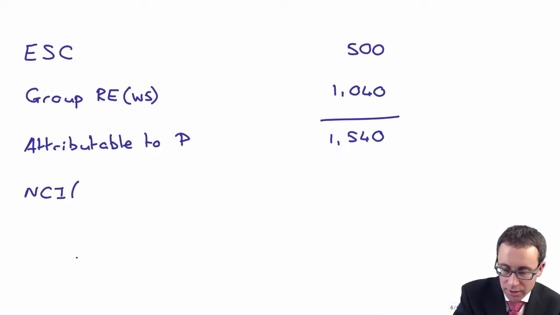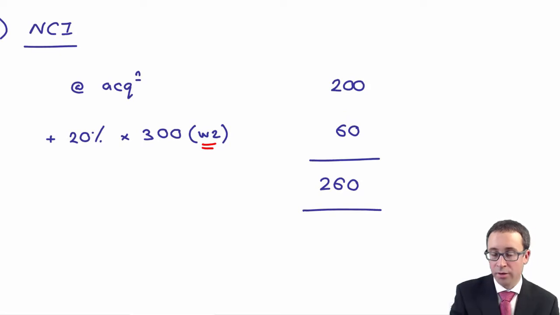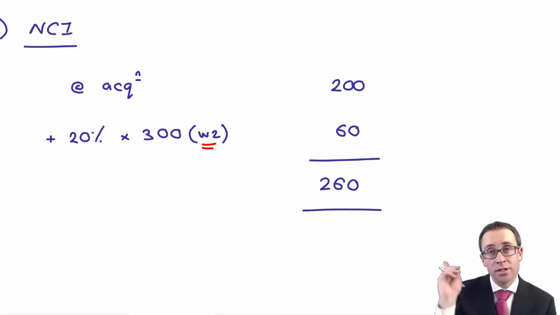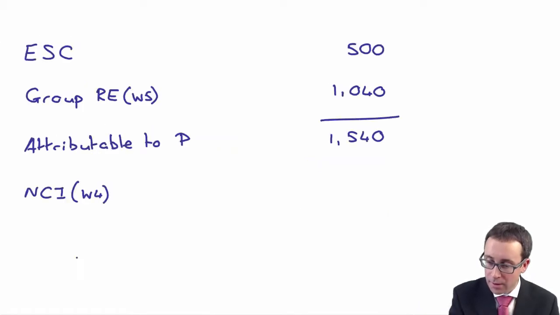The non-controlling interest is there as working 4. Working number 4, the NCI was there as 260. You can see it hidden away somewhere up there.